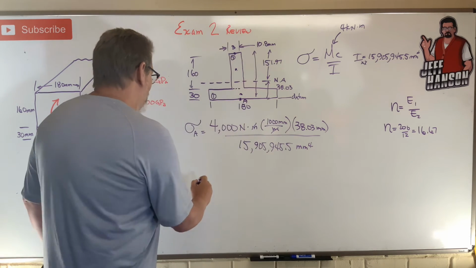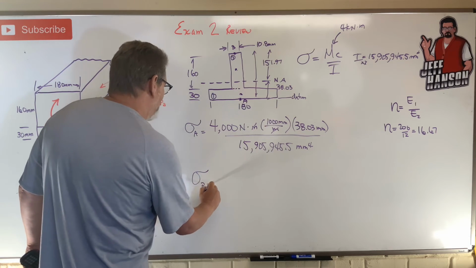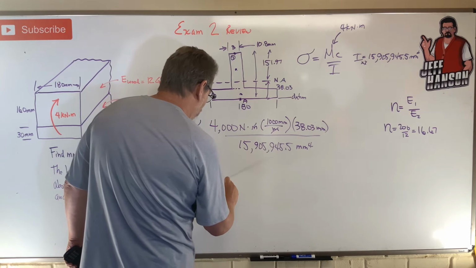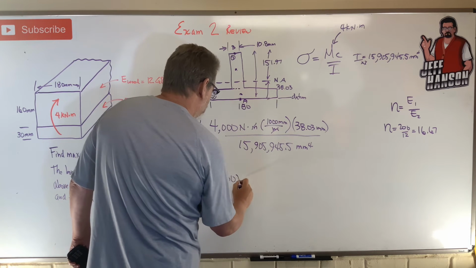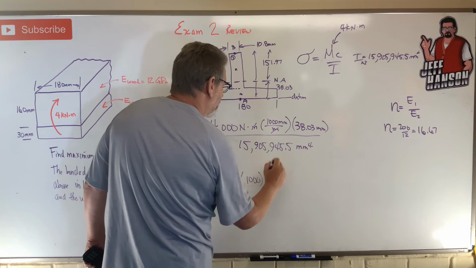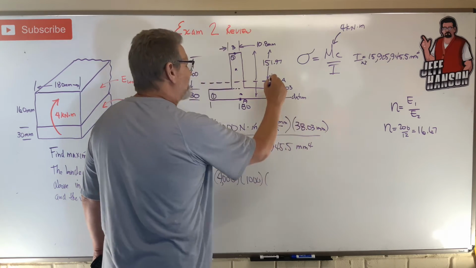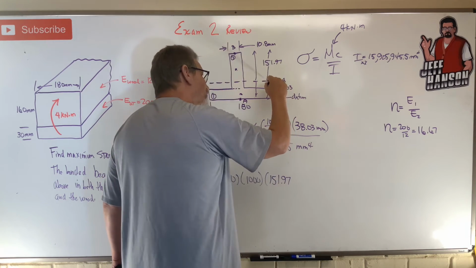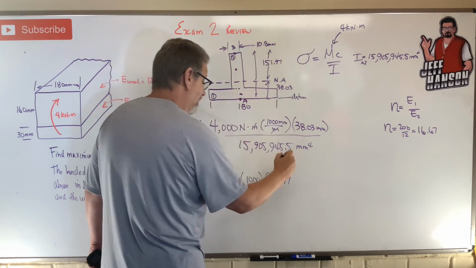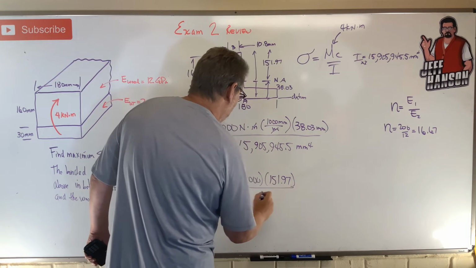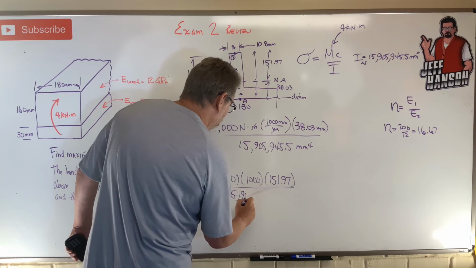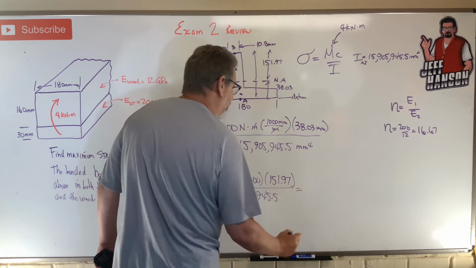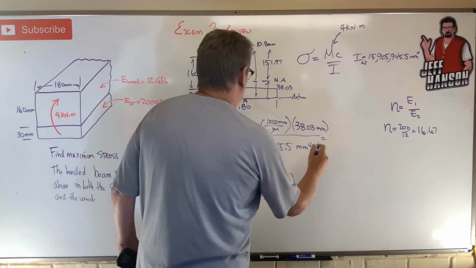Okay, and then while we're here, sigma at point B up there on the top, same moment, 4,000 times 1,000 times a different C this time though, 151.97. So it's neutral axis to the outside of the part, right? Divided by the same I, 15,905,945.5 equals. So let's see what we got here.